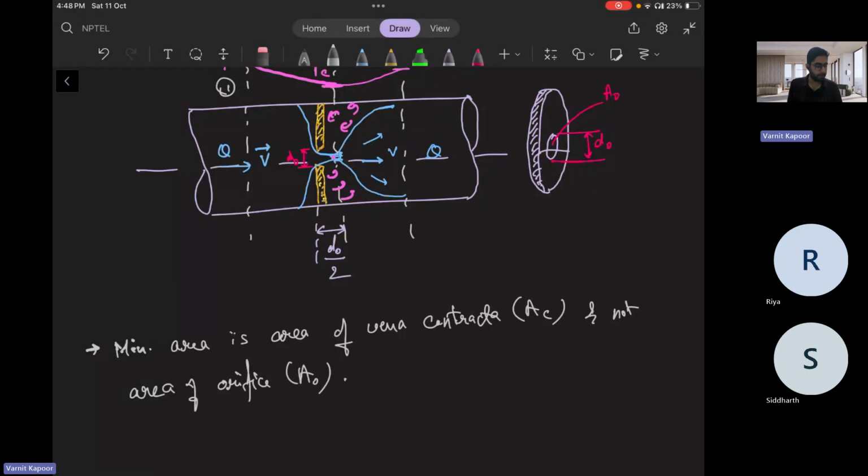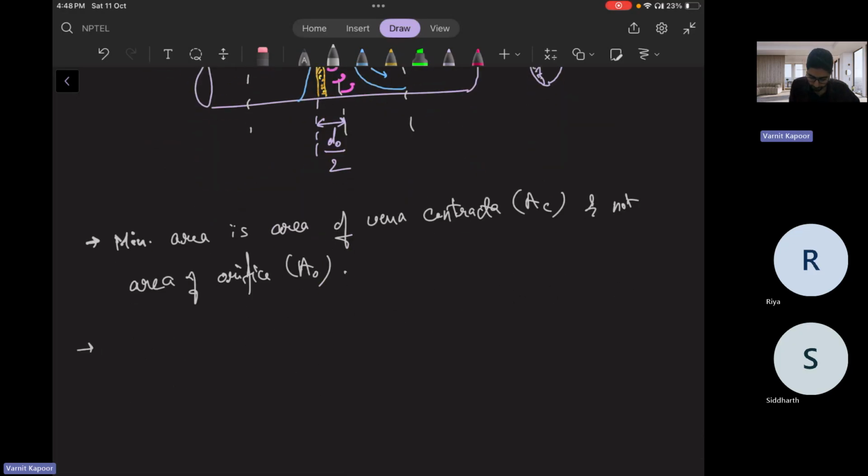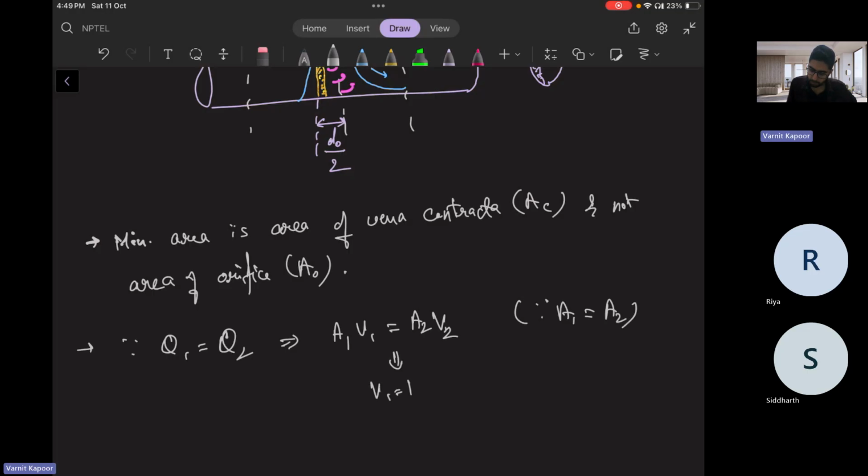Okay, first point. Since Q1 is equal to Q2, this implies A1 V1 is equal to A2 V2. And since A1 is equal to A2, this implies V1 will be equal to V2 equal to V. So velocity is the same, okay?